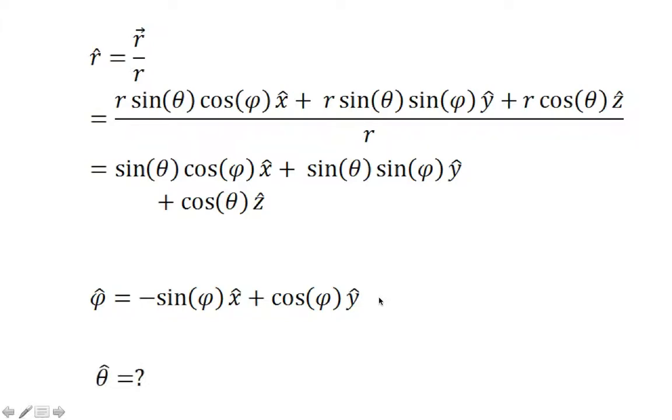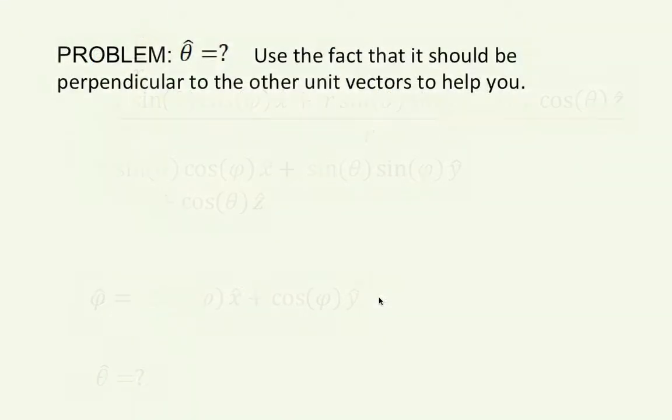And the way that we're going to do this is we're going to use our knowledge that r hat, phi hat, and theta hat are all perpendicular to one another, and that theta hat points clockwise in the plane defined by the z-axis and the displacement vector. What I want you to do for a problem is to actually find theta hat and use the fact that it should be perpendicular to the other unit vectors to help you.